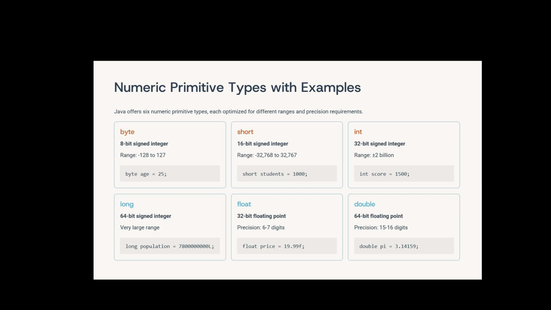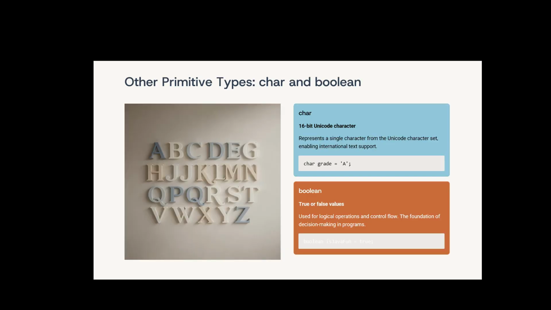Long stands for a very huge range, float stands for floating point with decimals, and double stands again for decimal numbers but with a higher range. So this is the overview of numeric primitive data types in Java.